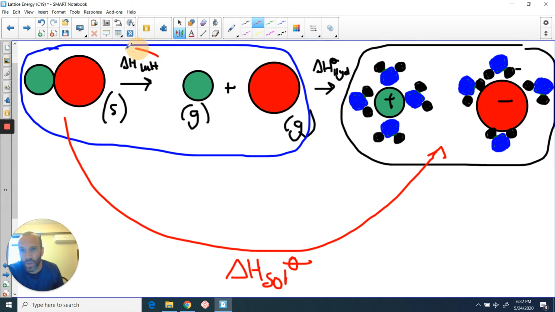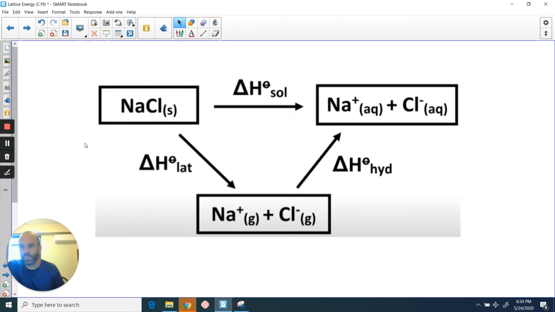So we can look at it in terms of the addition of the lattice enthalpy and the hydration enthalpy, which would be equal to the delta H of solution. And if we take away the pictures, we're effectively looking at this. Here's our equation for our enthalpy of solution.